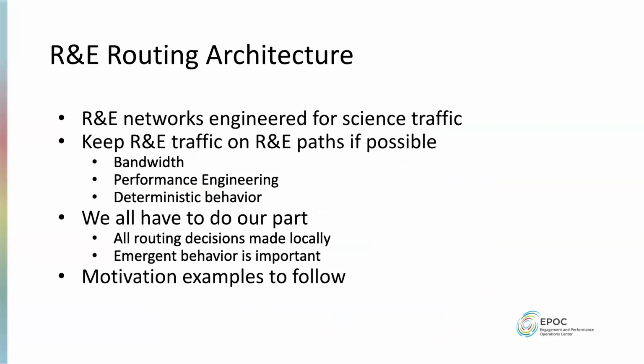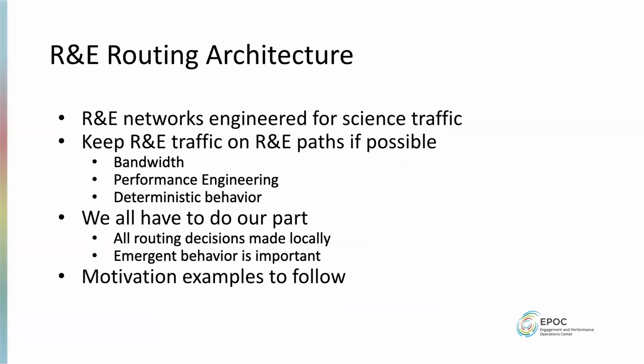So the R&E networks are, as I said, designed, built, engineered for science applications, and the commodity networks are not. And we'll see more of that in a moment. But what does that mean? What that means is if we want our scientific applications to perform well and behave well, we want to keep that traffic on the R&E network infrastructure if we possibly can, because that's the set of networks designed and built for the purpose.